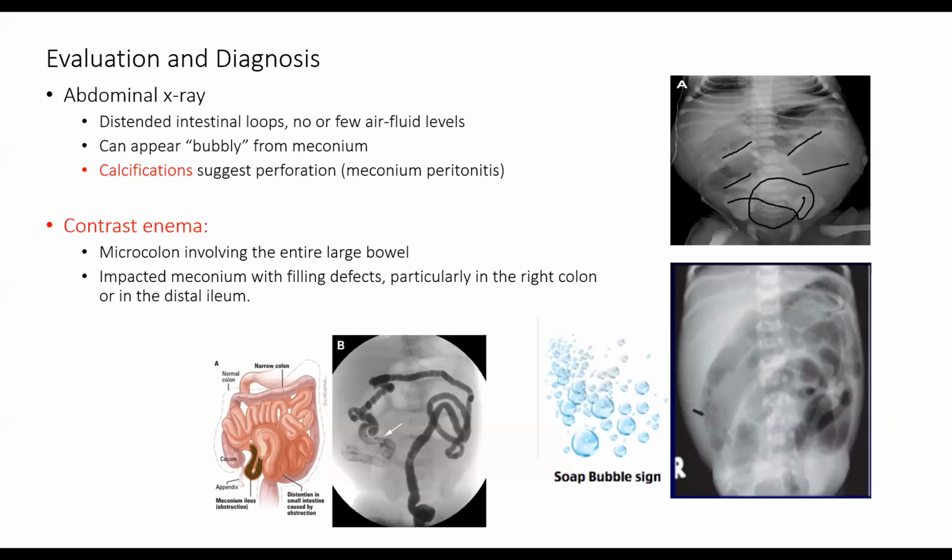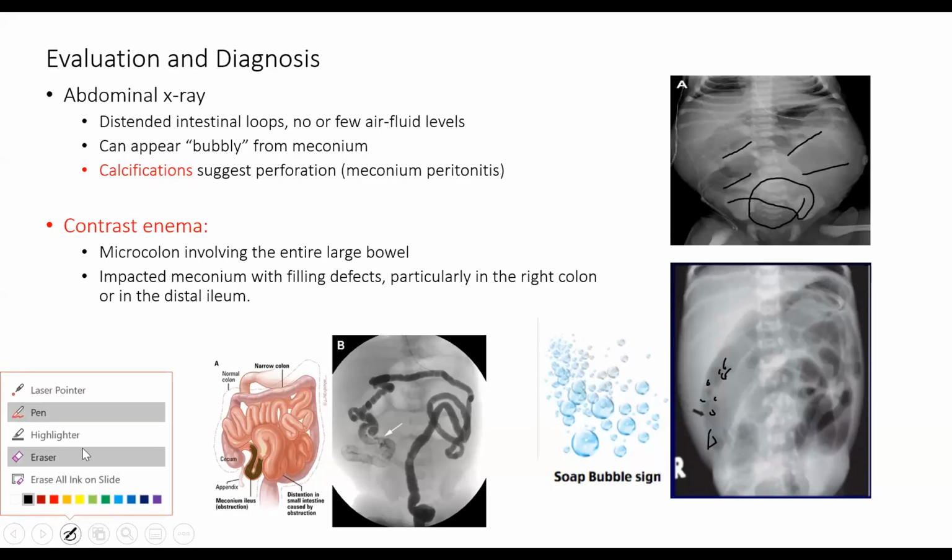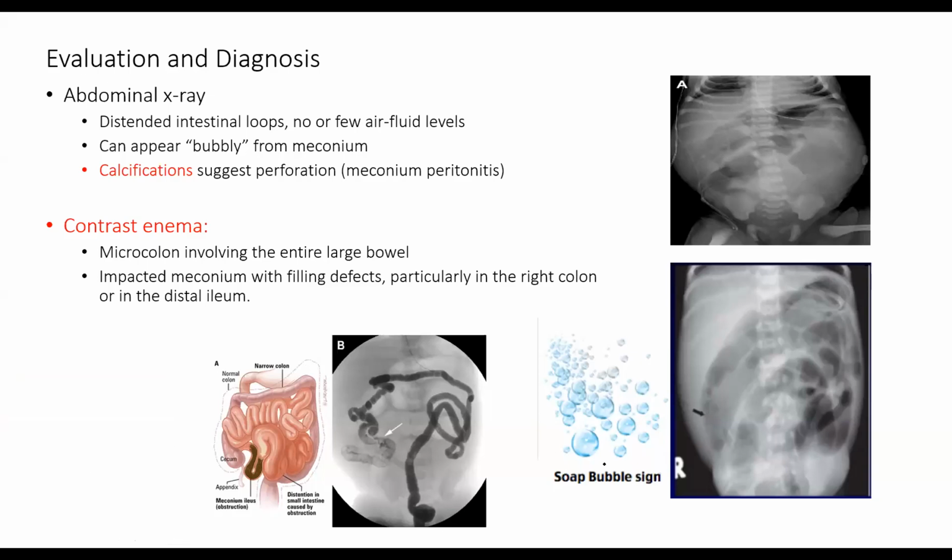You might see a characteristic bubbly appearance of the bowel, like bubbles, or you might see intrauterine calcification, and you will see the calcification here. So those are the characteristics on the X-ray. It could be non-specific, just dilated loops.